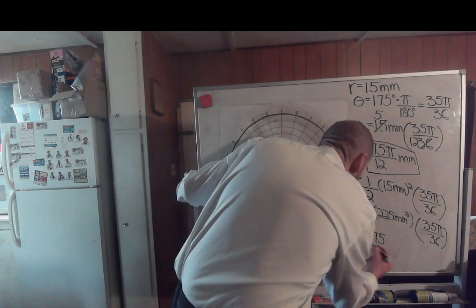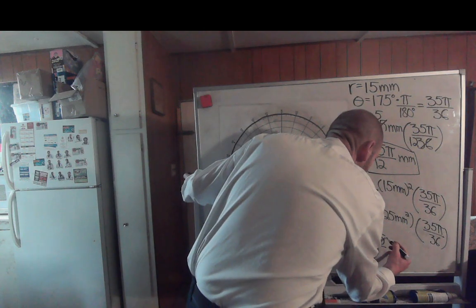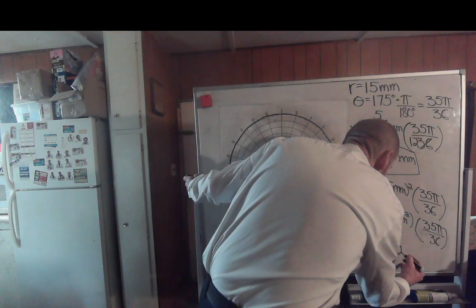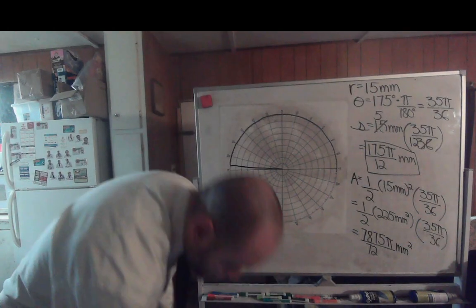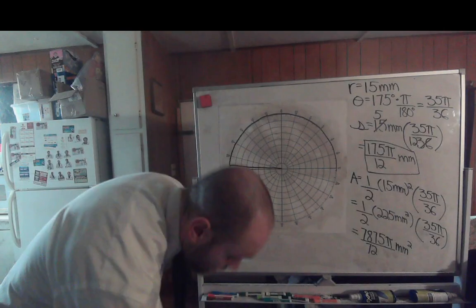All right, so 7,875 all over 72. Well, 7,875 pi over 72 millimeters squared, which I would be shocked if that divided by 3 at all. Yes, it does. Wow.